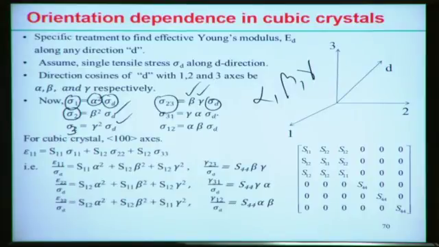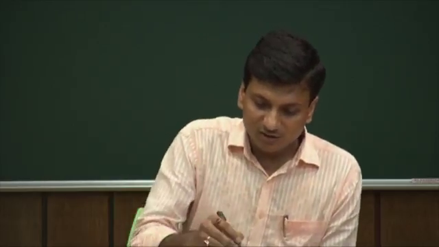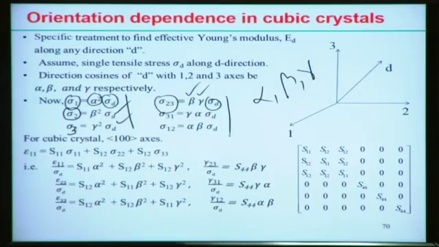Sigma 31 is gamma alpha. Similarly, sigma 12 is alpha beta. All direction cosines are used, and we took the reference stress along the direction D. We can represent the individual normal and shear stress components along the different axes 1, 2 and 3.